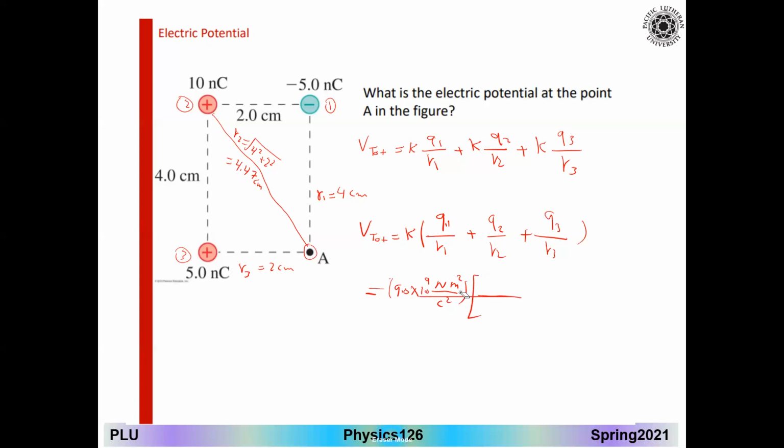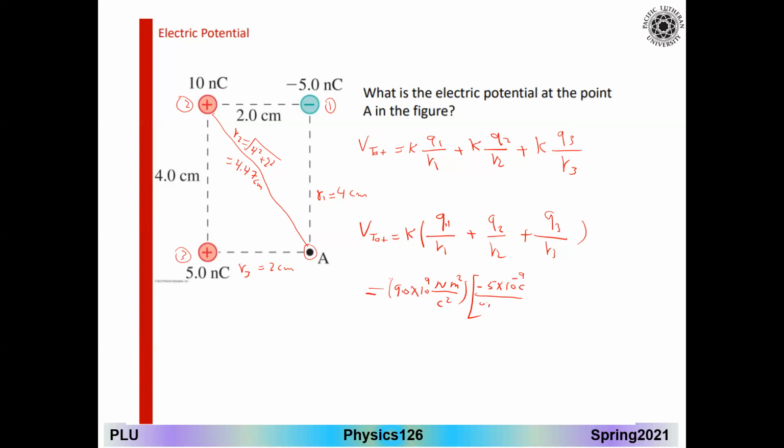I have to type the Q with the charge. Q1 is minus 5 × 10^-9 coulomb divided by R1.